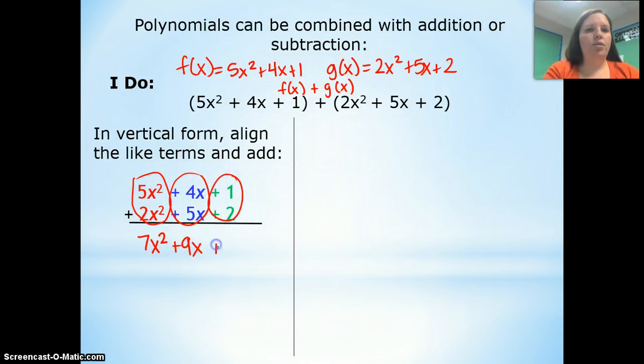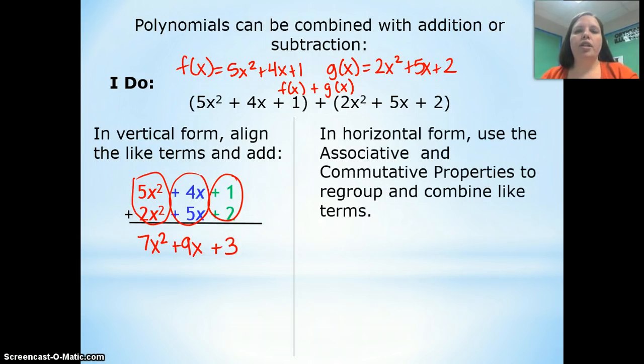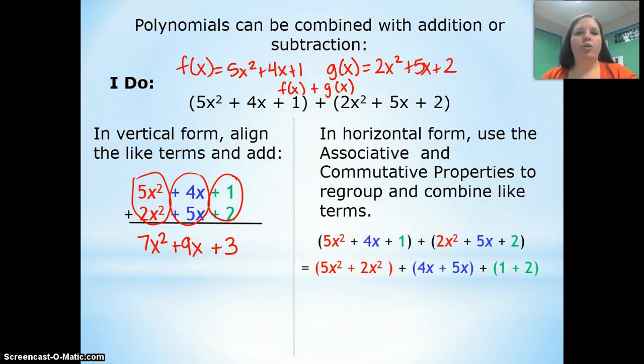And then 1 and 2 gives me 3. It's just a nice way to line them up vertically to make sure you're combining like terms only. You can certainly do it horizontally, which is not my preferred method, but if it is yours, feel free to. You have your two polynomials, but then you use the associative property. Associative says you can group them however you like.